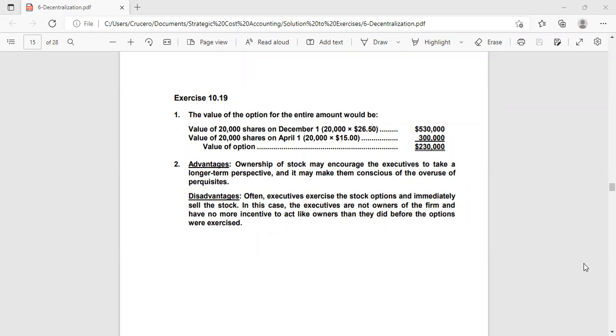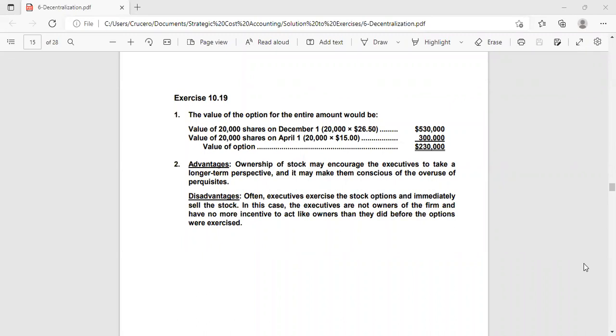So there is an increase in the price of $11.50, and you multiply that by 20,000 shares. So the value of the option for the difference is $230,000. That's the value of the option to each executive.